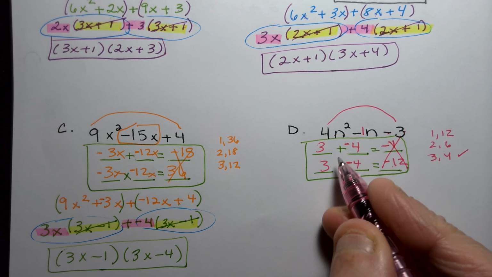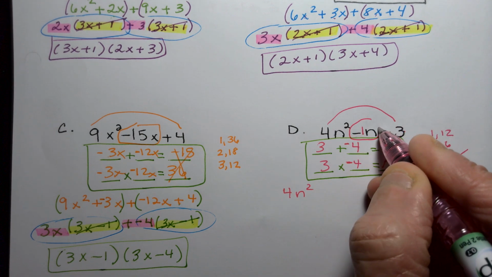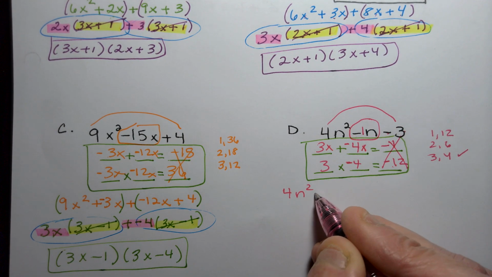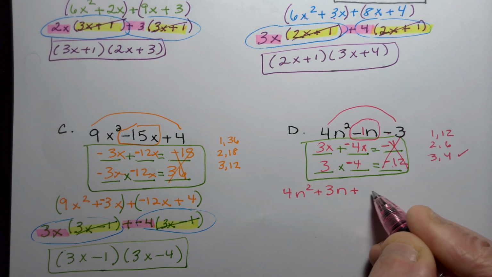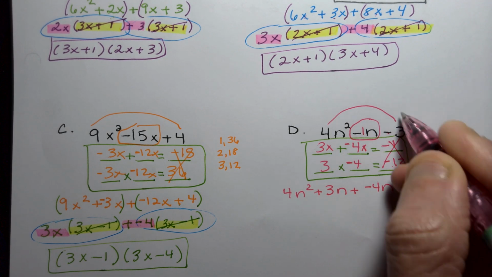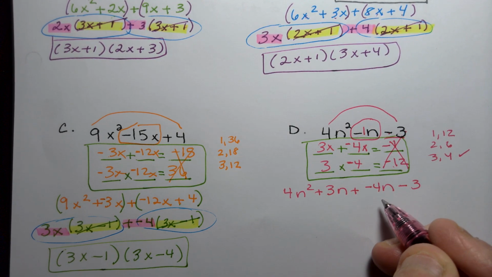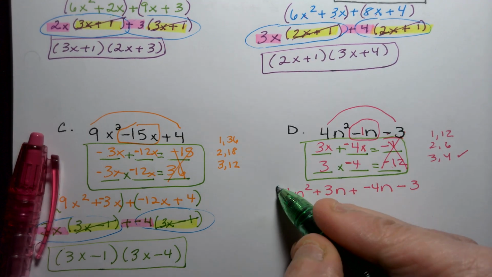Cross off and rewrite. 4n squared, I'm going to remove this and replace it with this. Oh, it's an n. I put x. And then write the last term. Box it.